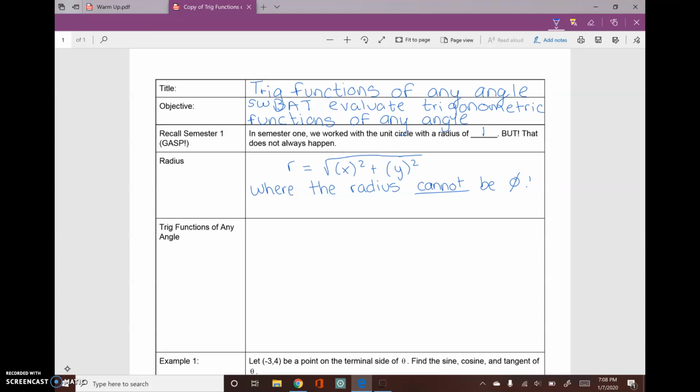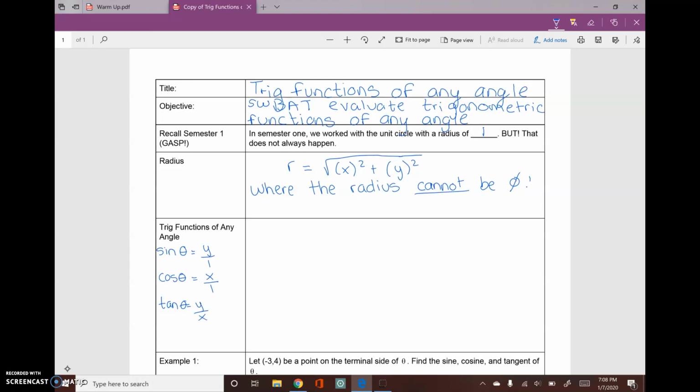So recalling from semester 1, we knew that sine of theta was y over 1. Cosine of theta was x over 1. And then tangent of theta was y over x.